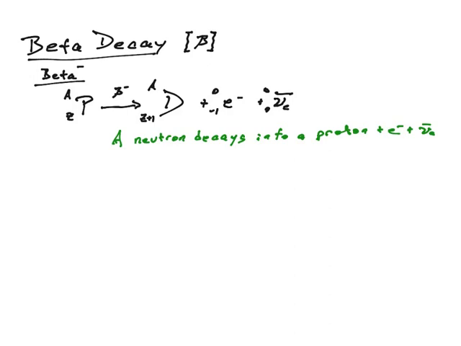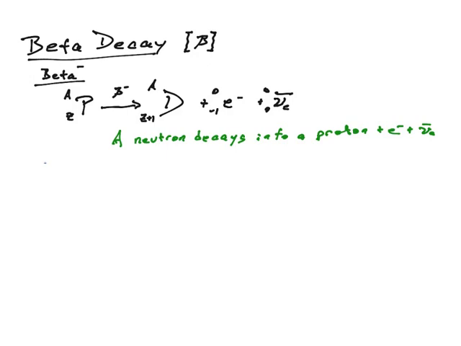So inside the nucleus, one of the neutrons suddenly breaks into pieces. And what it breaks into is a proton and an electron and an antineutrino. The electron and the antineutrino go flying out, but that proton is stuck because of the strong force. And so now the atomic number has gone up by 1. You now have a new element.